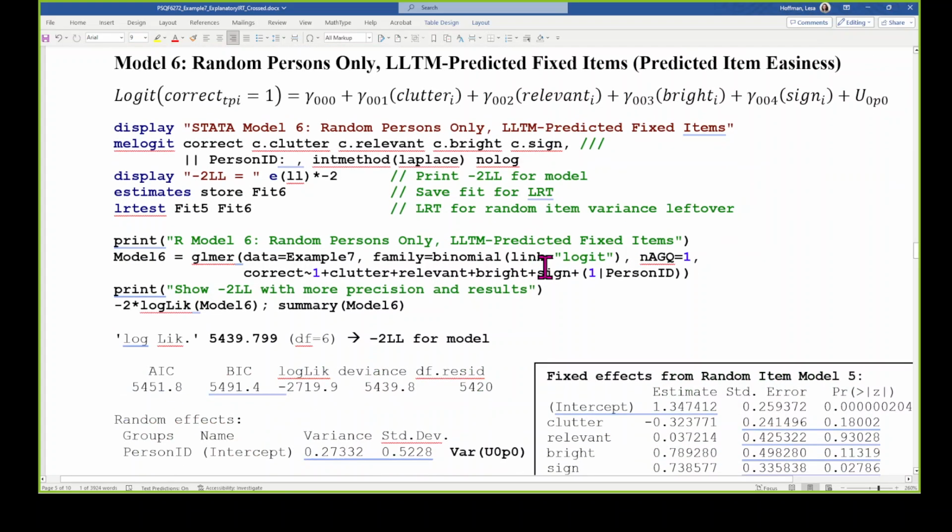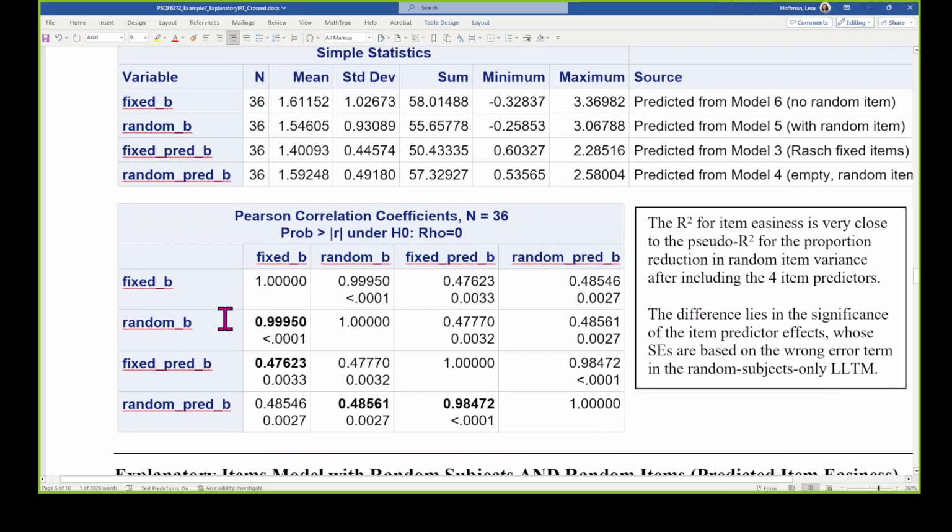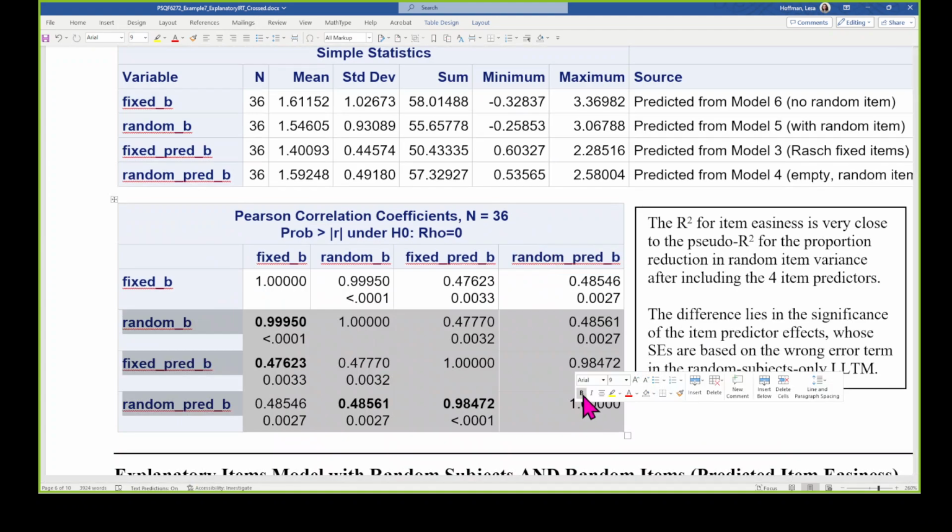So the predicted difficulty part, this is how I learned to judge it in graduate school. It's a sort of weird post hoc: take the Rasch model estimates as the right answer, predict what the item difficulty would be from your features, see how close they are, and say, yay, I got 25% of the variance.